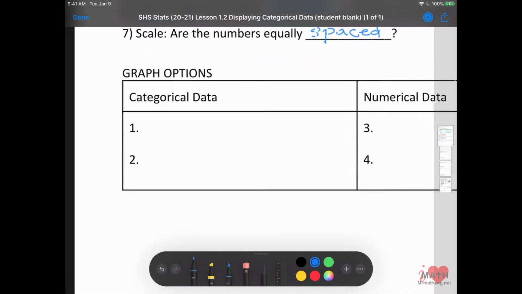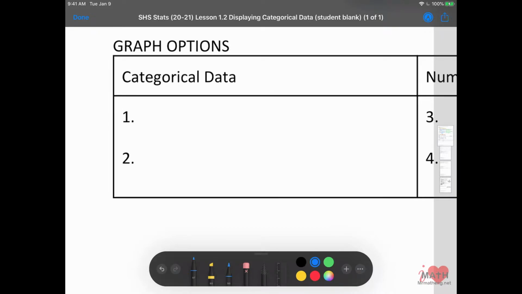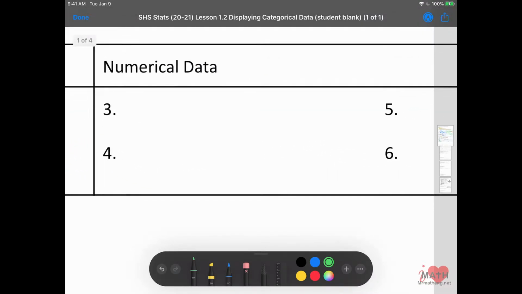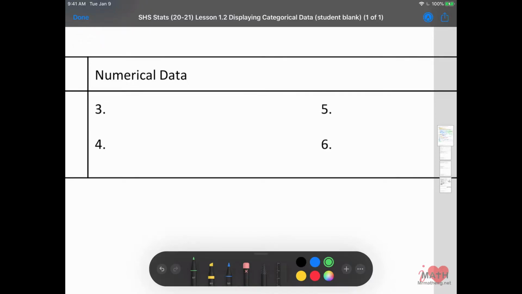All right, what are our options? Let's talk about categorical. Those are the word-based ones. You can do a bar graph, or you can do pie charts. Numerical data: you can do histograms.